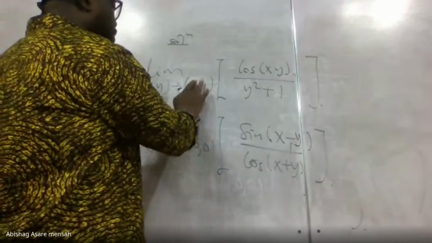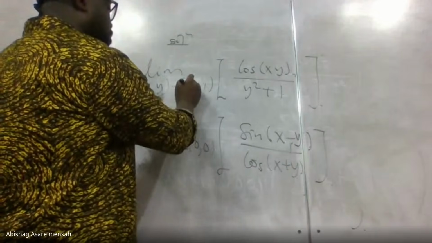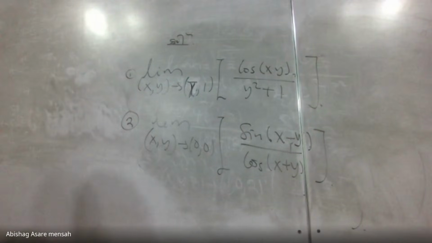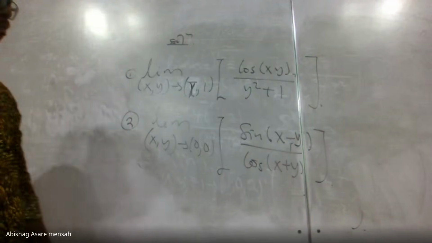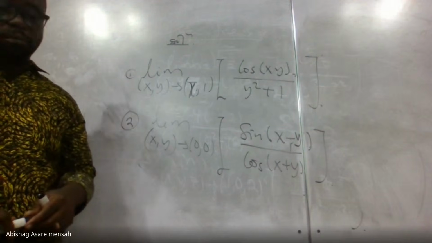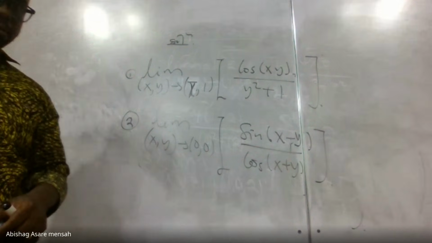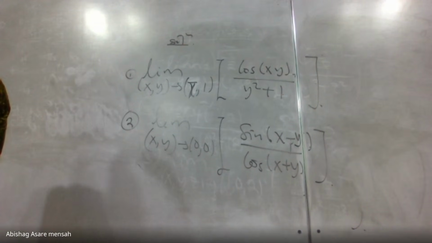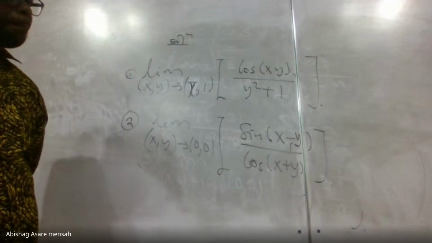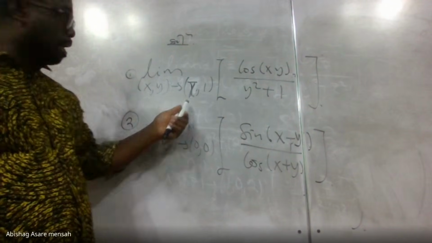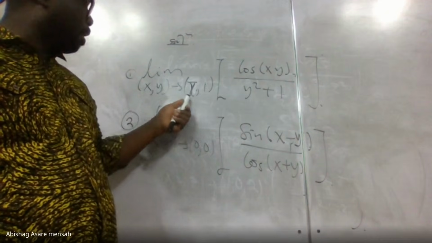So the first one, is it x and y approaches 7 or pi? Oh, pi. It's pi. So this time x is approaching pi.